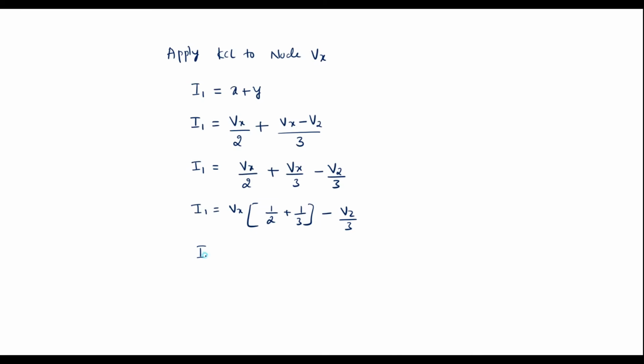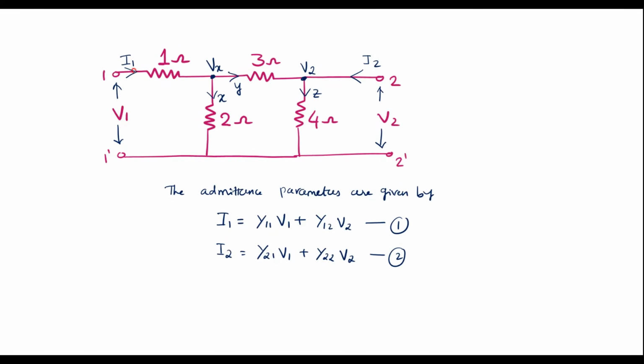That is, I1 is equal to Vx times 5 by 6, since 1 by 2 plus 1 by 3 gives 5 by 6, minus V2 by 3. Let me call it equation A. So now here I can try to get the value of I1. I1 is nothing but (V1 minus Vx) divided by 1.